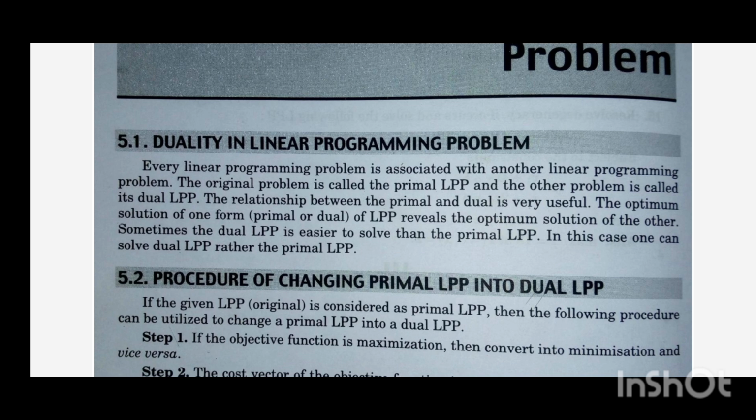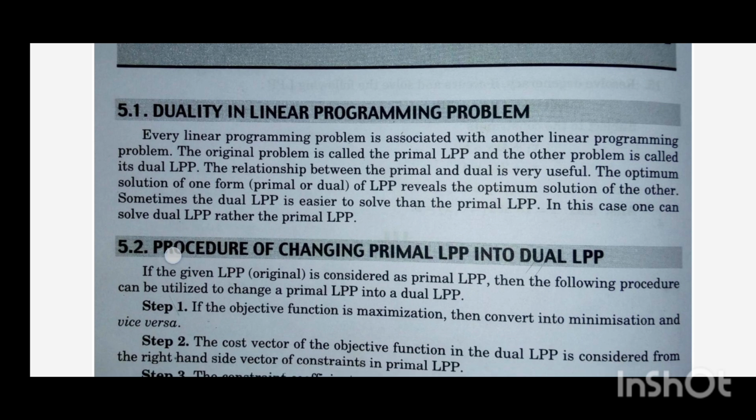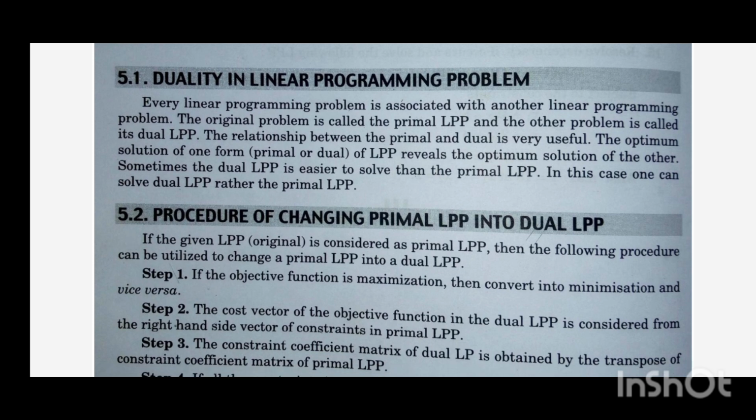The original problem is called the primal LPP and the other problem is called its dual LPP. The relationship between the primal and the dual is very useful. The optimum solution of one, that is primal or dual, of the LPP reveals the optimum solution of the other.